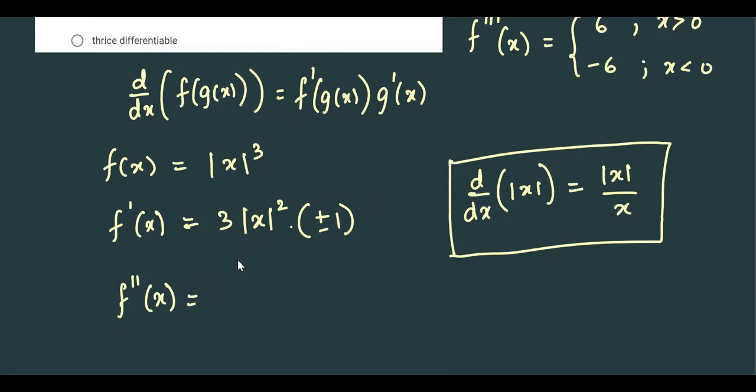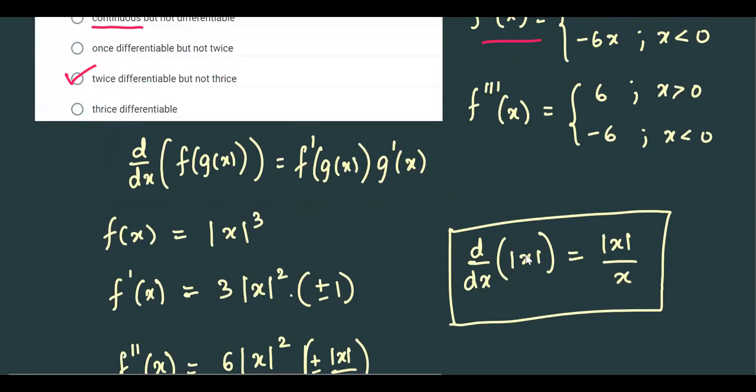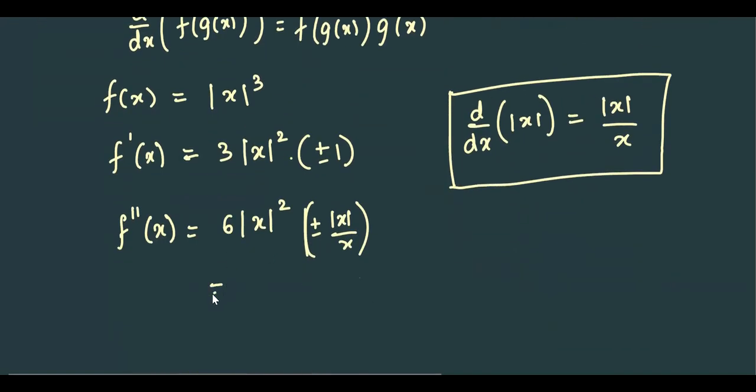So that I keep reducing. Next is second derivative, 3 modulus of x square into mod x by x again. This will be plus straight away, plus 1 minus 1, so it will be plus. I'll get 6x, not x squared.